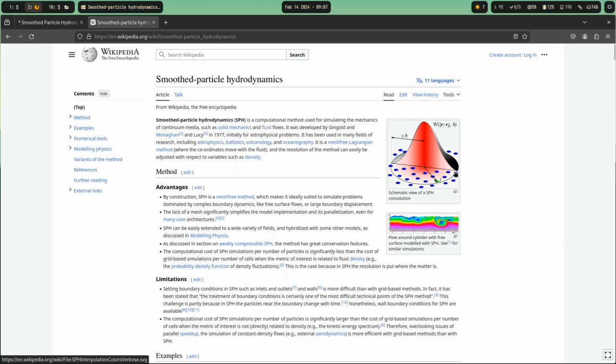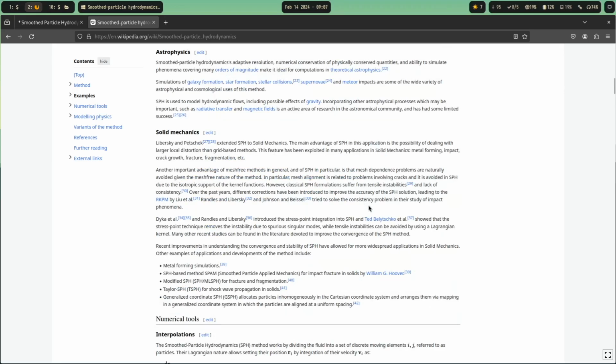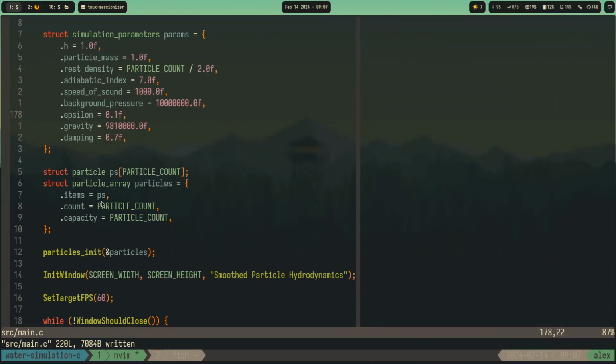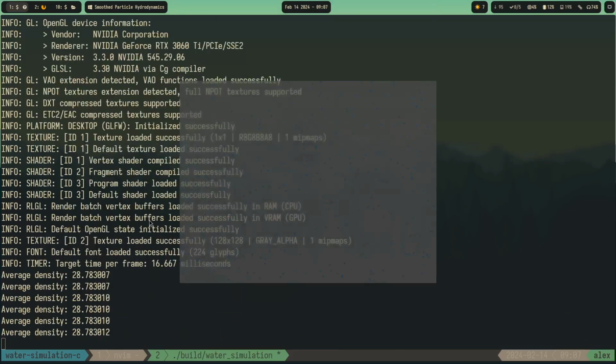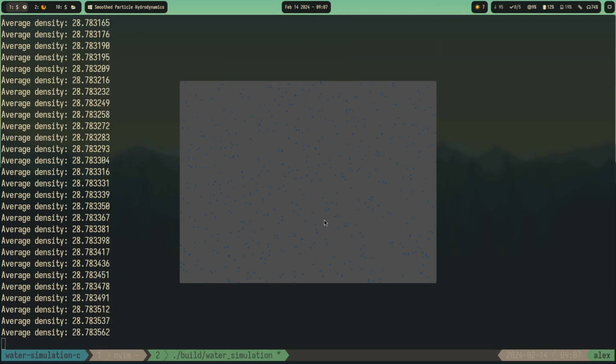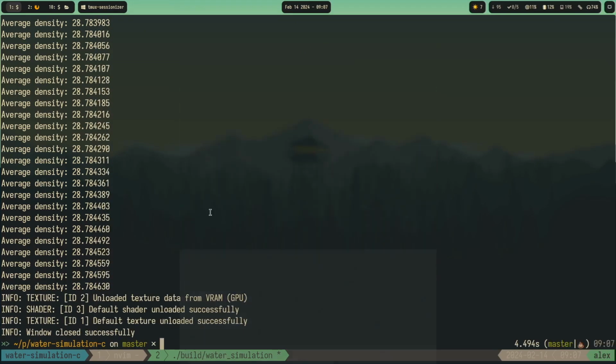So yeah, let's try one more time. Let's increase this. See what happens. Hmm. The average density went down.